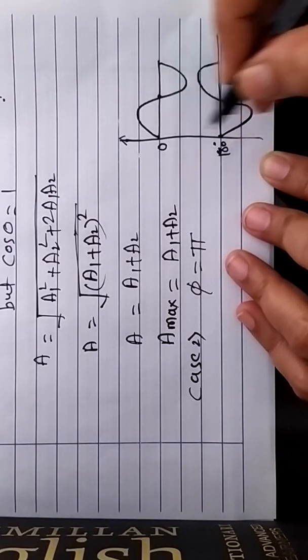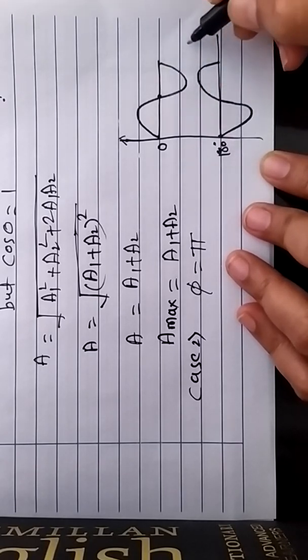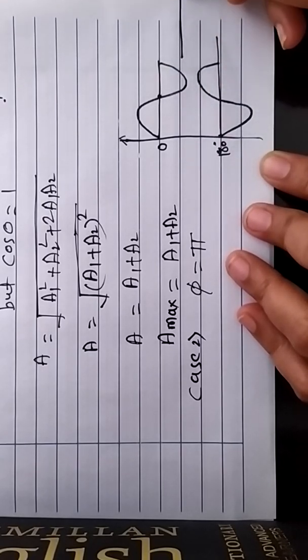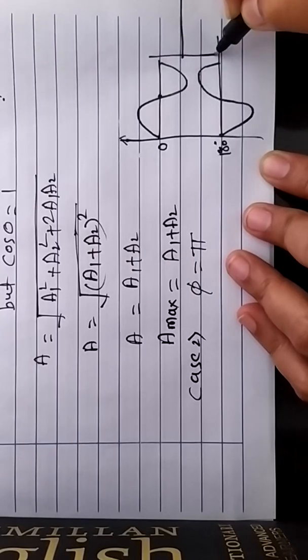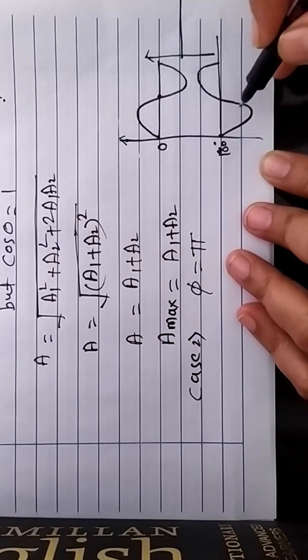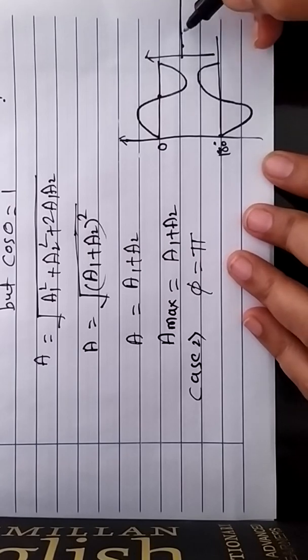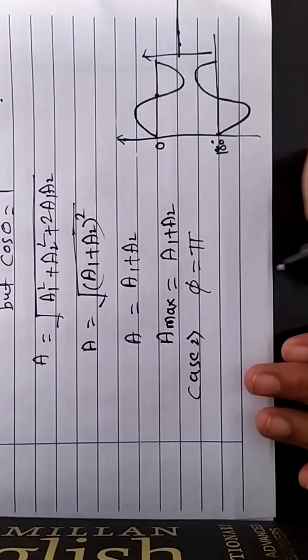Therefore, the phase difference between them is 180 degrees. According to the superposition principle, the resultant is one crest and another trough meeting. The intensity becomes minimum, meaning the amplitude is minimum.